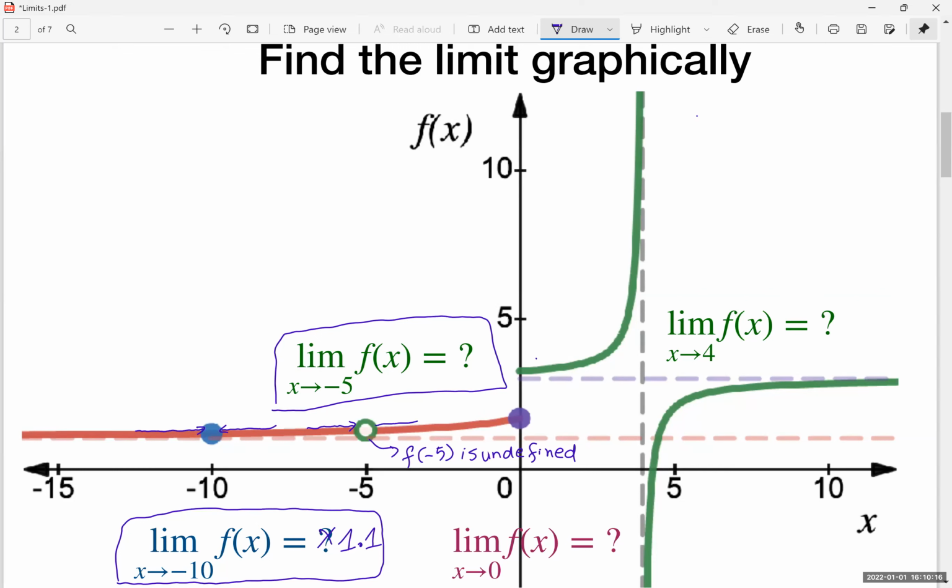And as x goes to -5 from the right, the function also approaches this open green circle. That means the limit of the function when x goes to -5 exists, and the value is the y value of this green circle, which is approximately 1.3.